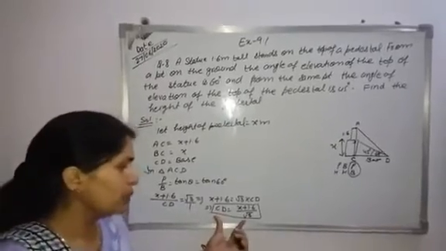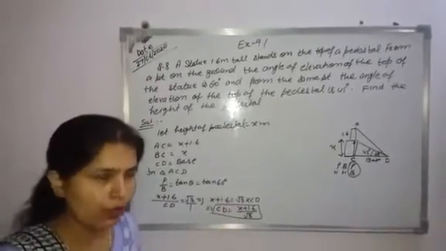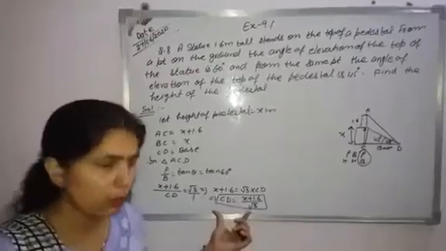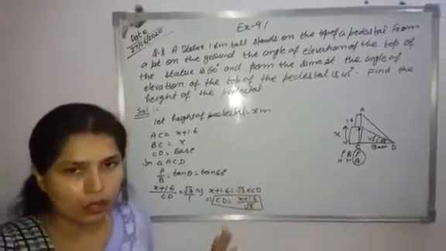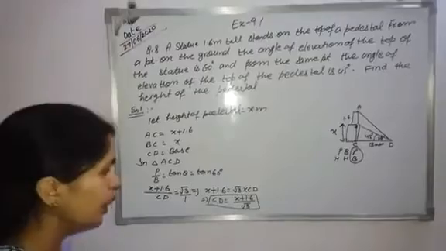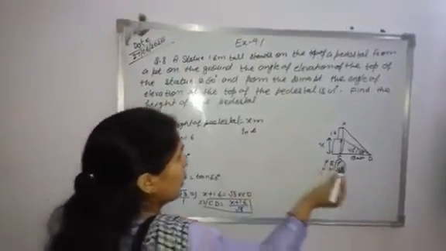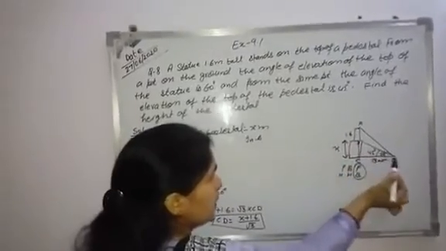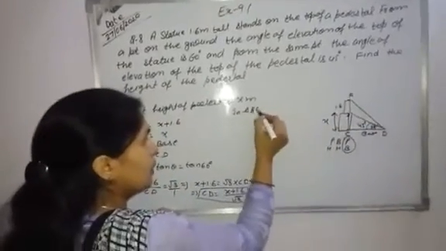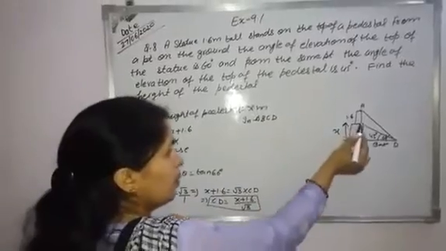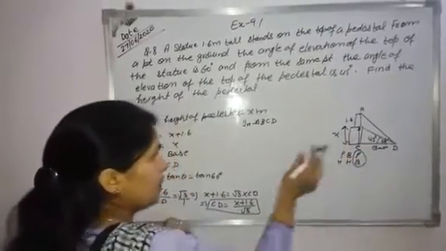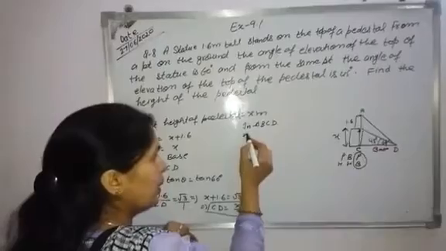We obtain this CD from both the triangle, and then we can equate, because here two values are unknown to us and we want to find out these values. Next one is in which triangle? In triangle BCD. Now in triangle BCD, again perpendicular divided by base. What is the value of perpendicular?